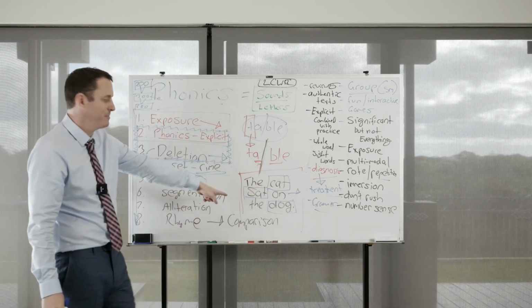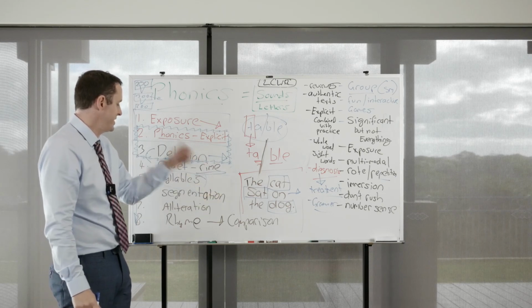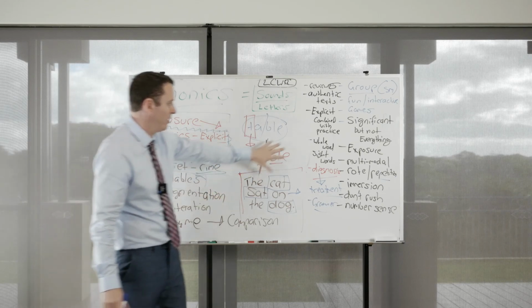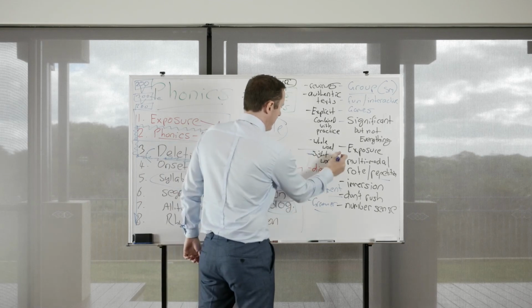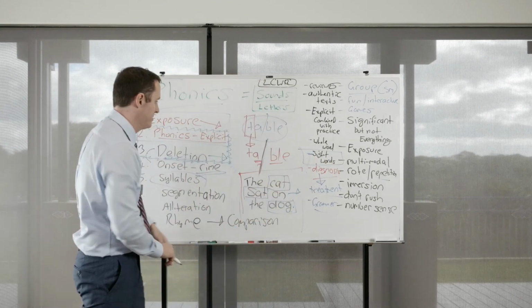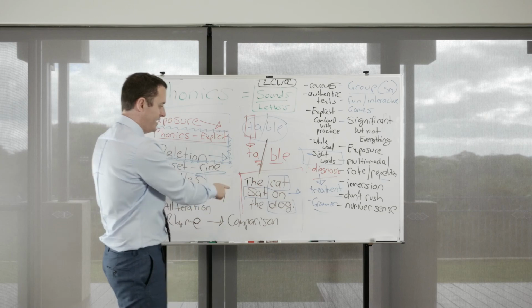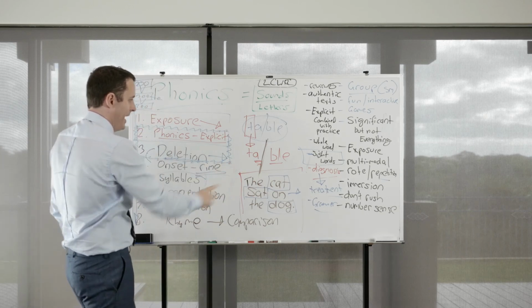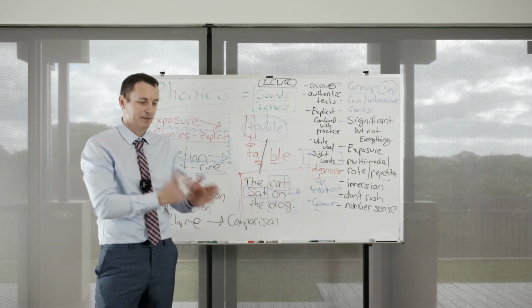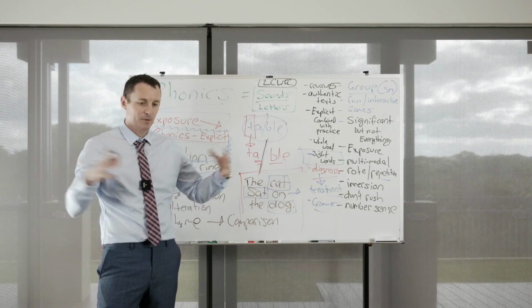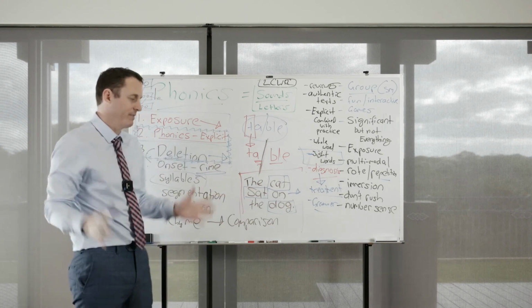Now, this is the point at which students need to have developed some level of skill when it comes to sight words. So you want them to be able to go, the cat sat on the mat. Because remember what I was saying at the start, if they can't do that, then they won't be able to make meaning of that whole sentence.